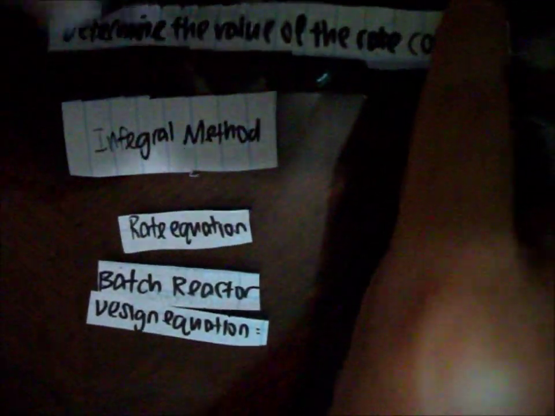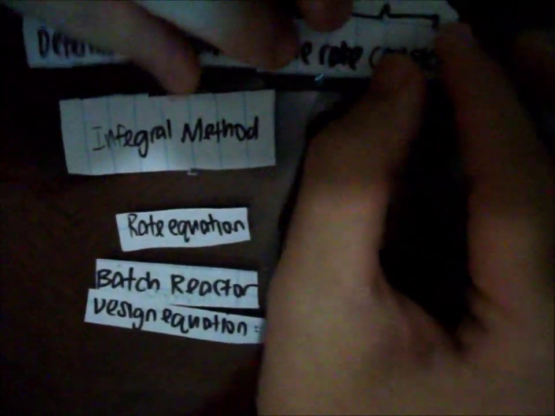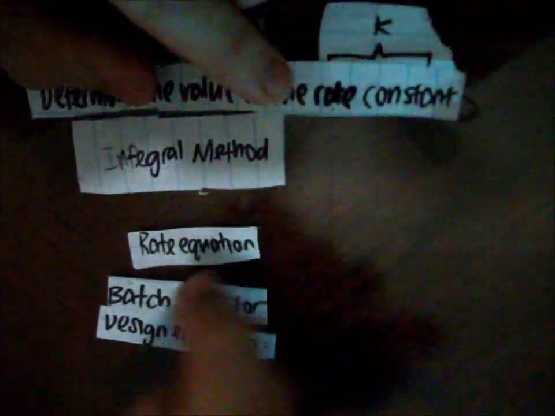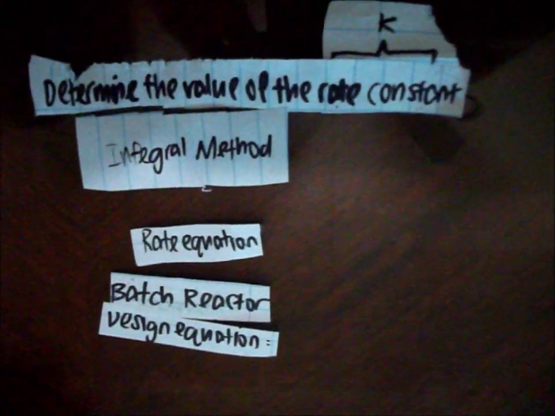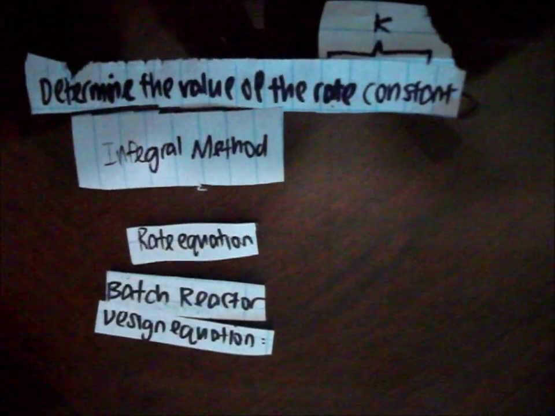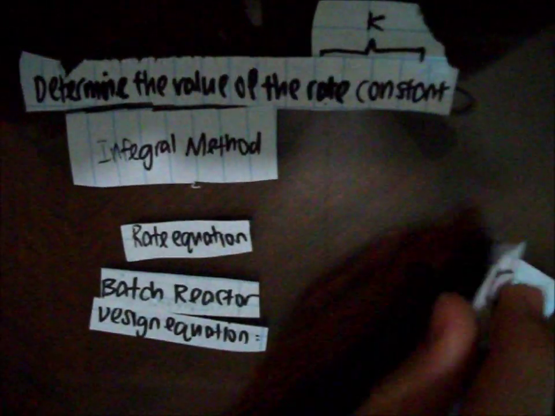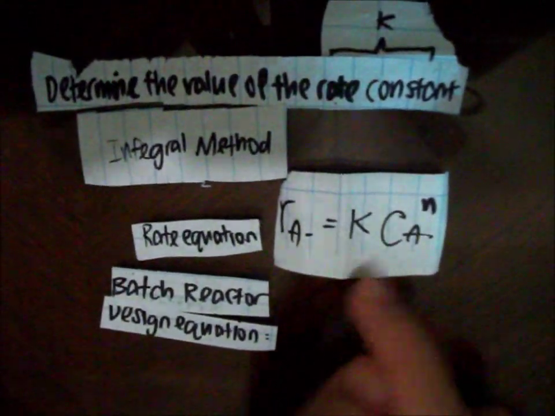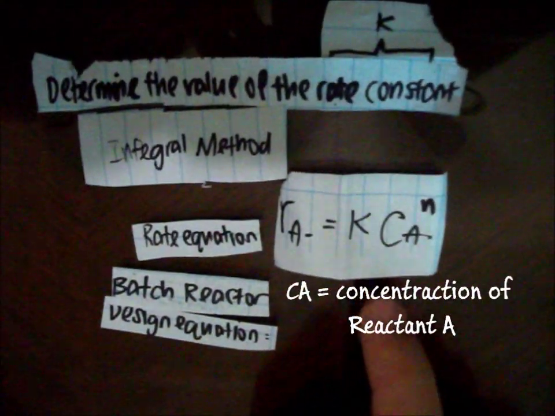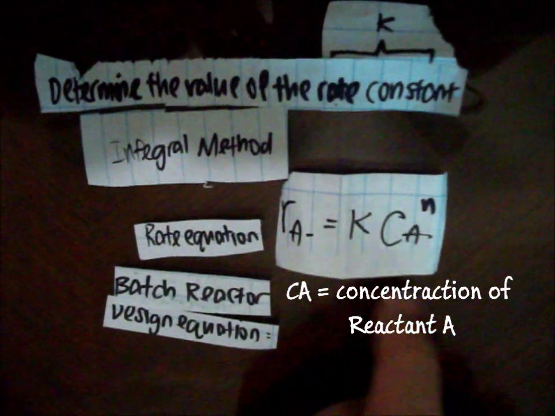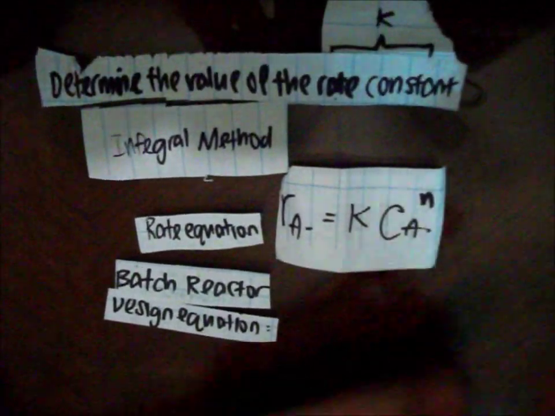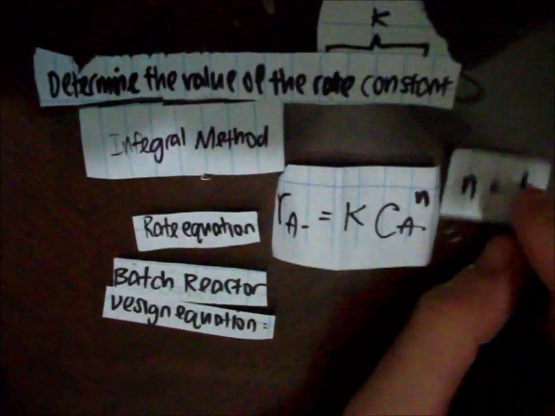Now let us know more about the rate constant. What is the rate constant? It is denoted by k, and it can be found inside the rate equation, where the rate equation is equal to the rate constant multiplied by the concentration of A to the power of the overall order of reaction, which we found is equal to 1.